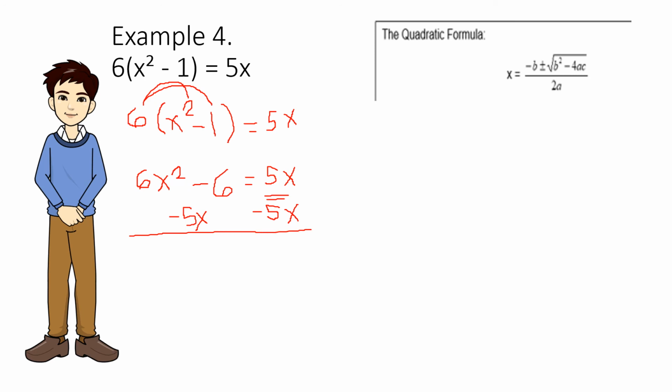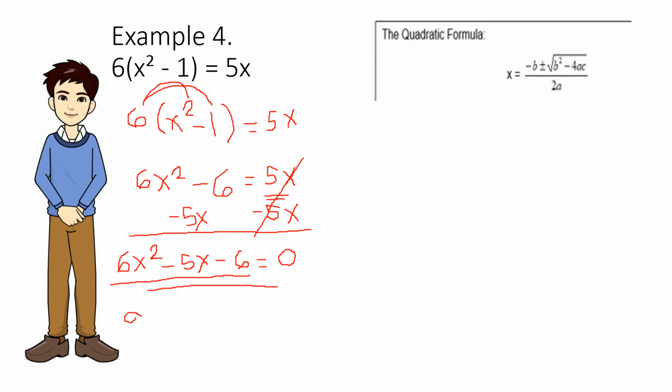So, we have now 6x squared, bring down, minus 5x. So, para ma-express na natin yung ating equation in standard form. Minus 6 equals, so we have now 5x minus 5x. Kakancel na natin. This becomes 0. So, this serves as our standard form of the given quadratic equation.